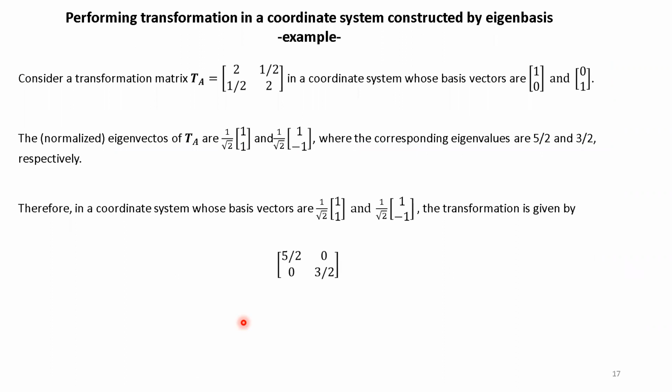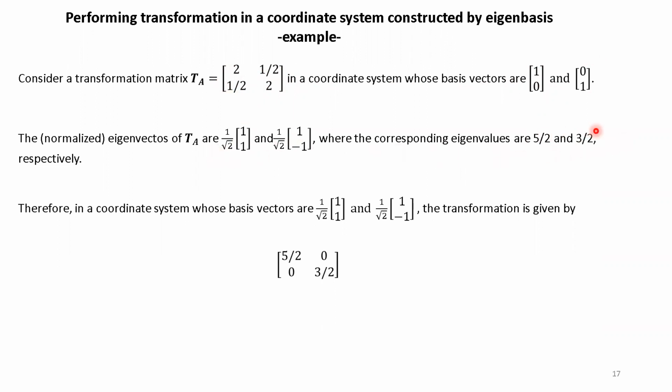Then the example here. Suppose I have this transformation matrix, in a coordinate system with these two basis vectors. And you know the eigenvalues and eigenvectors of this matrix, which are given here.